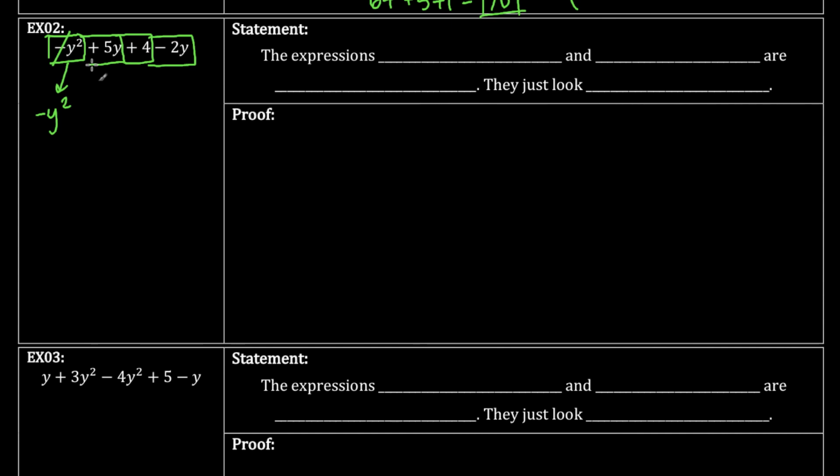I'll put it in the corner, that way it doesn't get in the way. And we have plus 5y minus 2y. So negative 2 plus 5 is positive 3y. And we have this lone constant, plus 4.